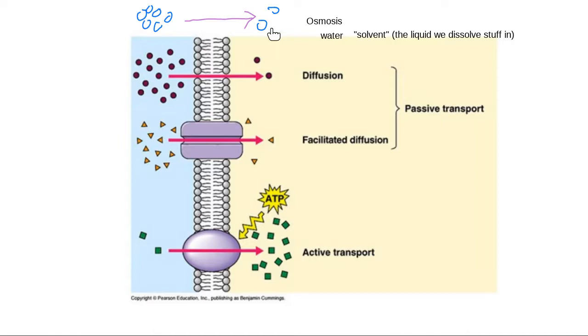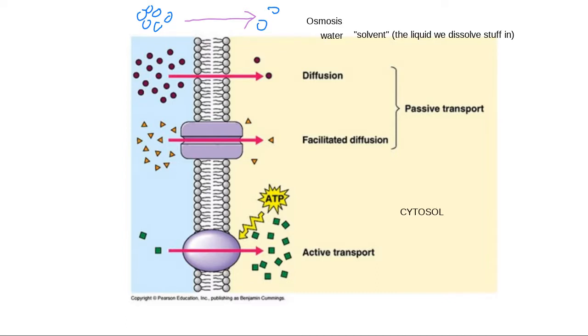By the way, we're looking at the inside of the cell right here and the outside of the cell right here. What's the name of the soupy stuff inside the cell? Yeah, exactly. Remember the name of that fluid, cytosol.